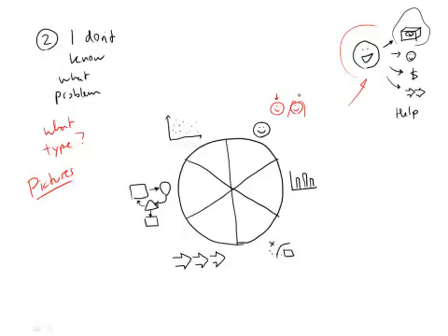Is it for this kind of person or this kind of person, or is it for both of them? And then why don't you tell us a little bit about what your product really looks like, or what your product really does, or what kind of benefits your product has. So we're going to draw out some who's and what's, which is going to help us start thinking about it.